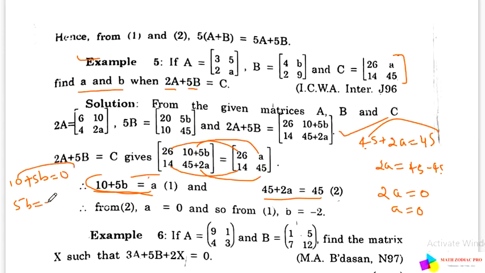And B equal to minus 10 divided by 5, so we get B equal to minus 2. And we already found A equal to 0. So we find the A and B values from 2A plus 5B equal to C.